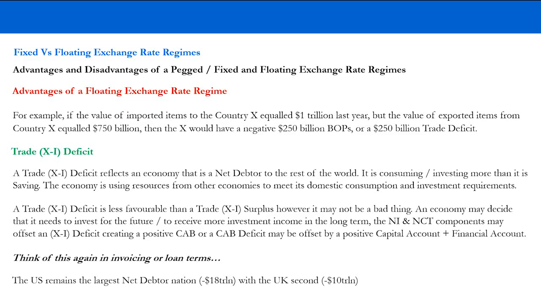So the current account balance deficit or surplus created by exports minus imports can be offset by long-term investment, from the NI and the NCT components, and it can create an overall current account balance. So it's not necessarily a bad thing, but it's obviously less favorable than a trade surplus.